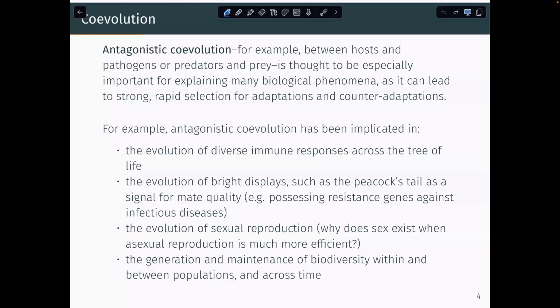Things like the peacock's tail and other bright displays or sexually selected traits. These are known as secondary sex ornaments, to advertise that you're a potentially good mate. We see this throughout nature. And these can signal mate quality. The big question is, why would these traits evolve?